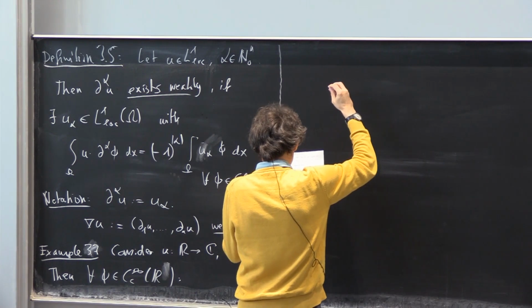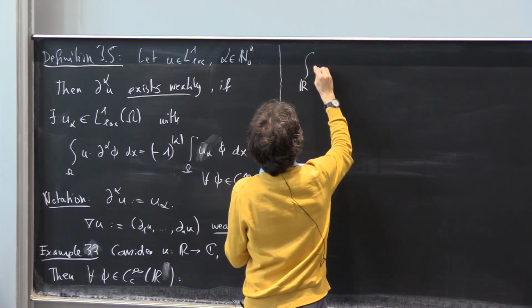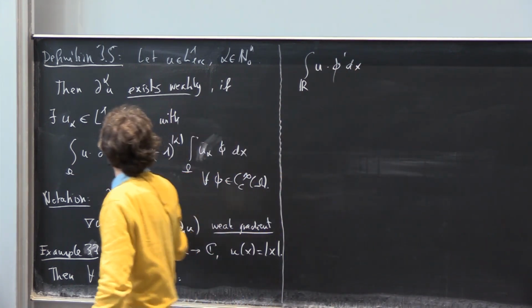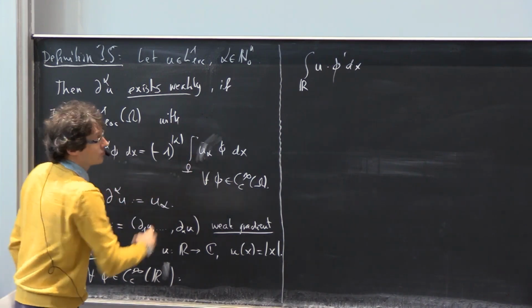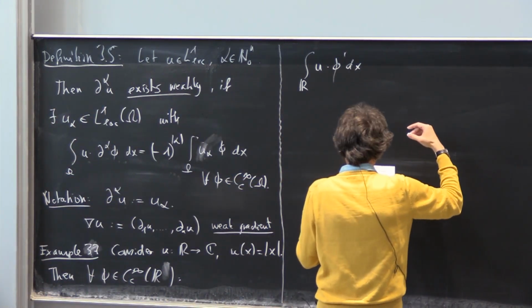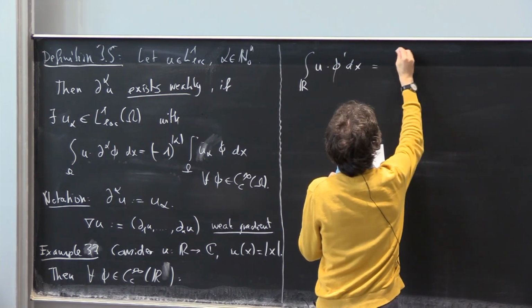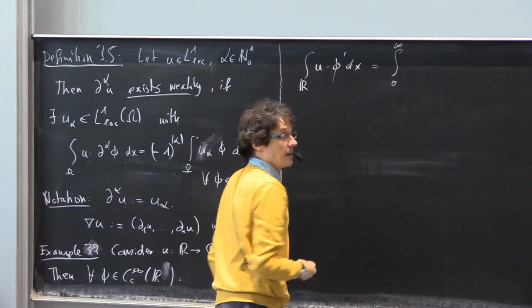So we write down the integral over R of u times phi prime. This is the left-hand side, and we try to get the derivative to the other side. So, okay, what is this? Now we can do a case distinction for the absolute value.